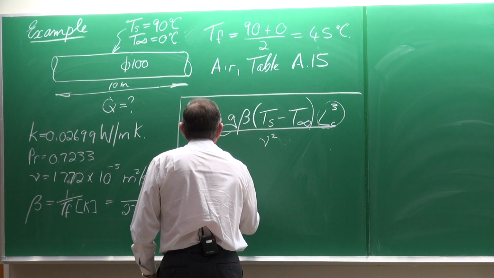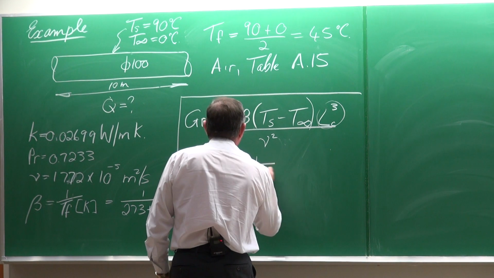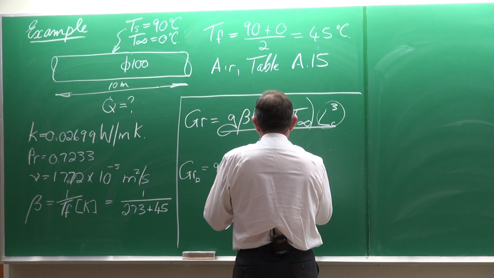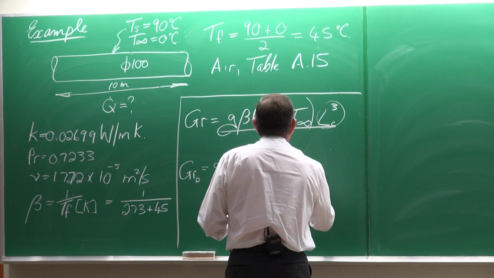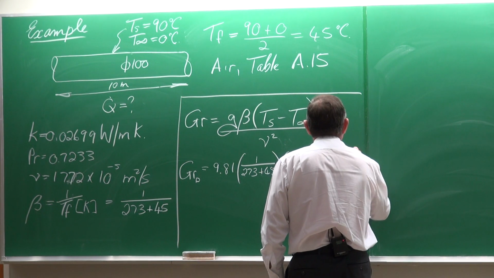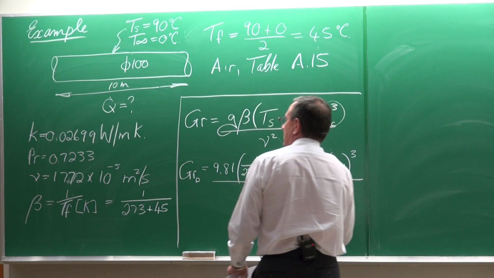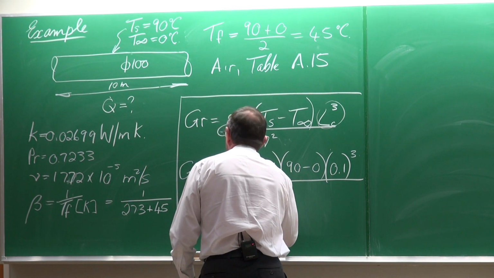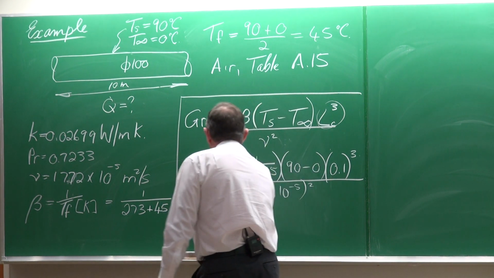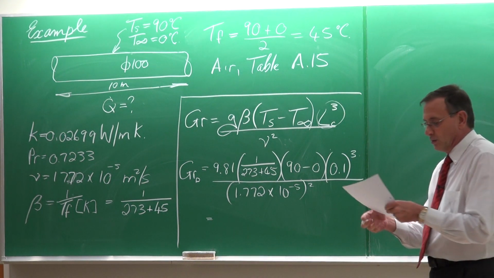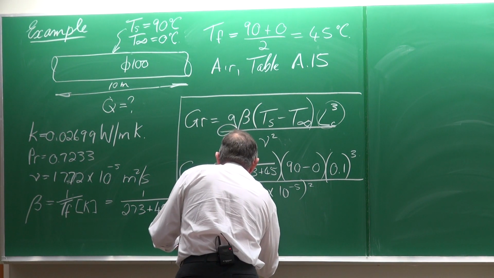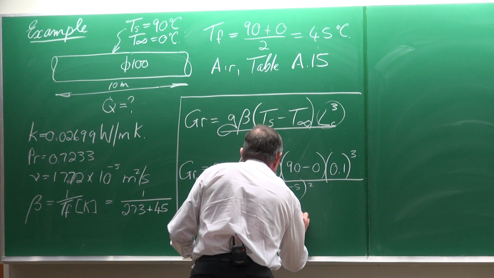It's equal to g, which is 9.81, multiplied by beta, which is 1 divided by 273 plus 45, multiplied by the temperature difference, which is 90 minus 0, multiplied by the diameter, which is 0.1 to the third, divided by the kinematic viscosity, 1.772 multiplied by 10 to the minus 5, squared, and the result is that the Grashof number based on the diameter is equal to 8.838 multiplied by 10 to the 6.